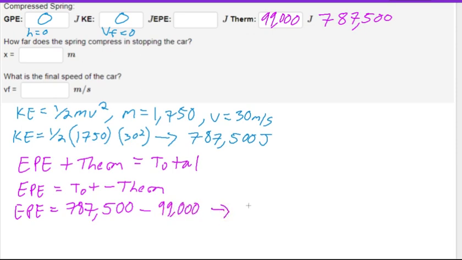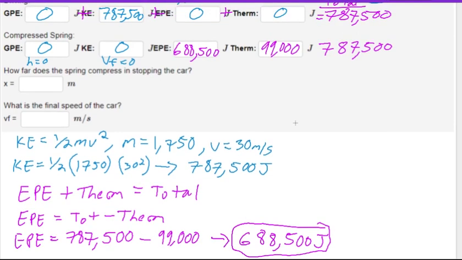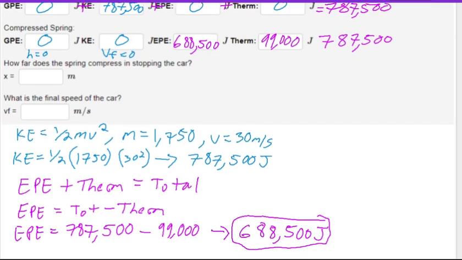If we do the math here, we should find out that our EPE should be 688,500 joules. Now I can go ahead and take that number and add that back into my table up here, 688,500.